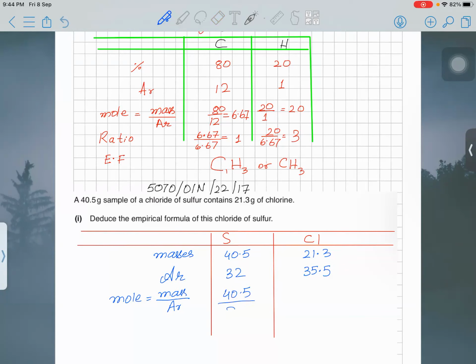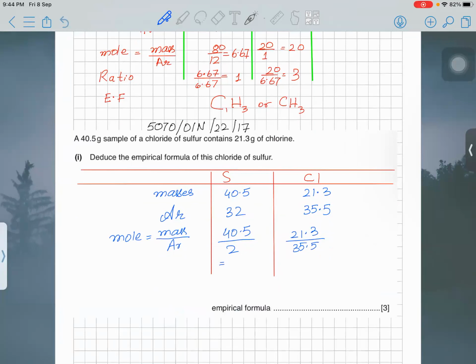Okay, can you tell me the answer? For sulfur, the ratio is 1:1, sir.